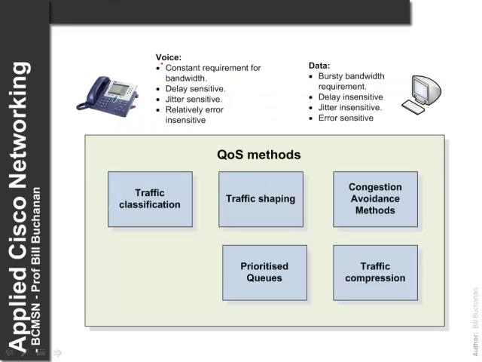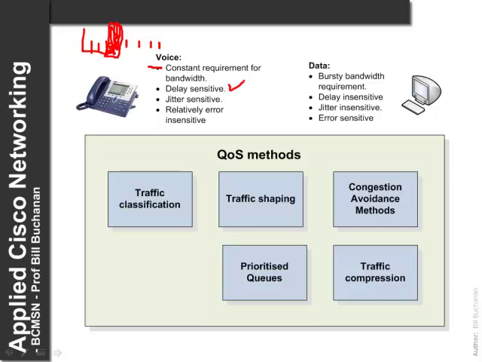So the key factor for voice is that it requires a constant need for bandwidth. The signals themselves typically are constant, not a great deal of bandwidth for every signal, but there is a constant need for it. What we want to stop is data coming along and bursting onto the network while we are transmitting this voice data.